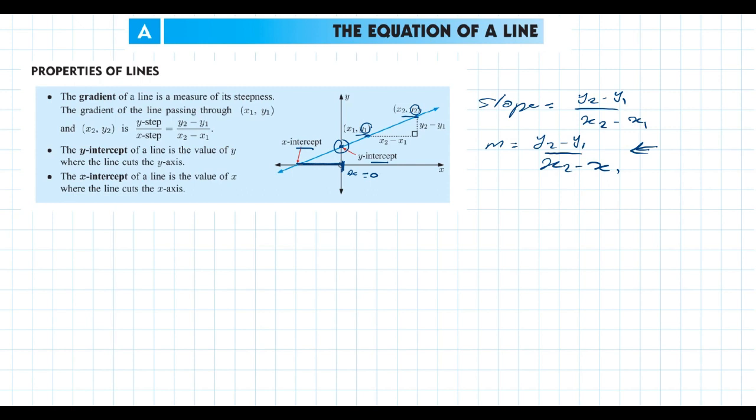Simply, the y-intercept of a line is the value of y where the line cuts the y-axis. The value of y here could be 1, could be 2, we don't care. The value of x here could be -1, -2, we don't care about that.